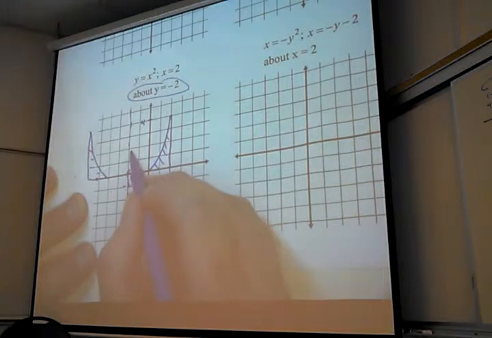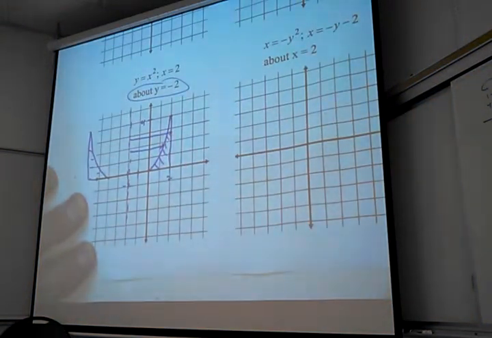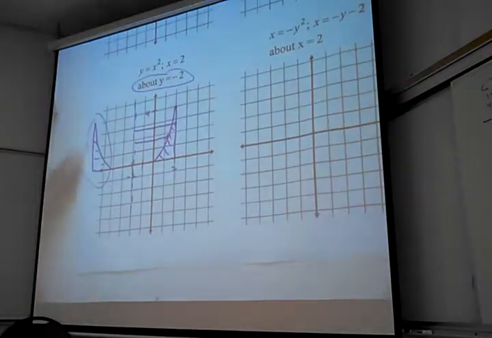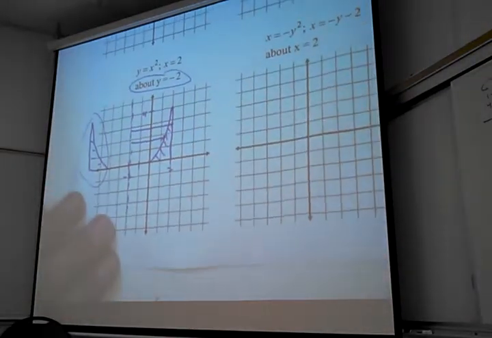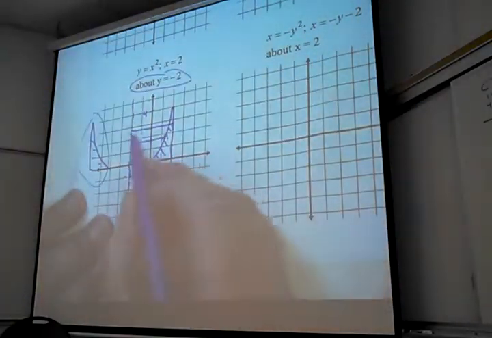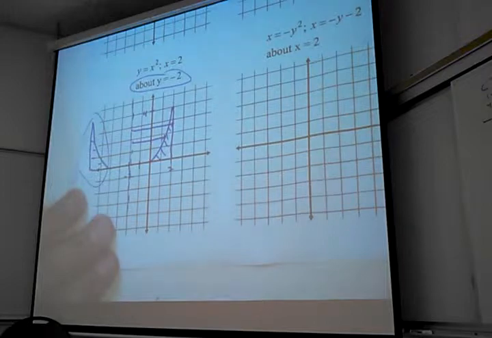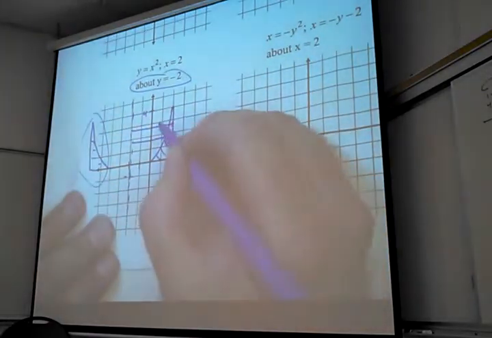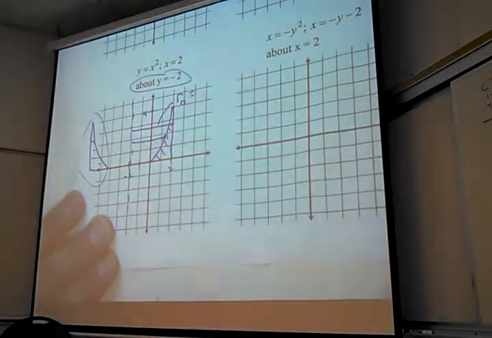So my radius is going to be defined like this. My radii are like that. So I really didn't need this other piece, but I just put that in there. I don't know if it helped anybody. But just to see what this thing would look like if I rotated about y equals negative 2. There's my radii. They're just in relation to negative 2 now. So what is this outer radius going to be?